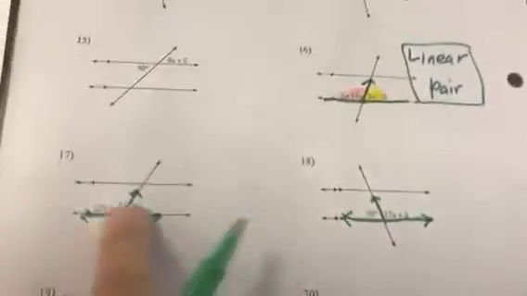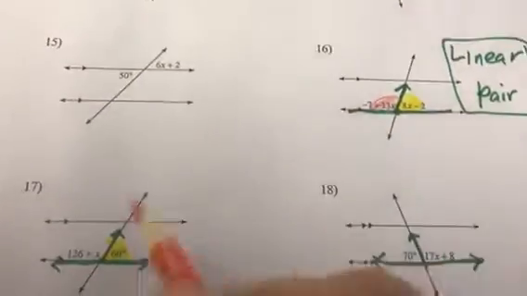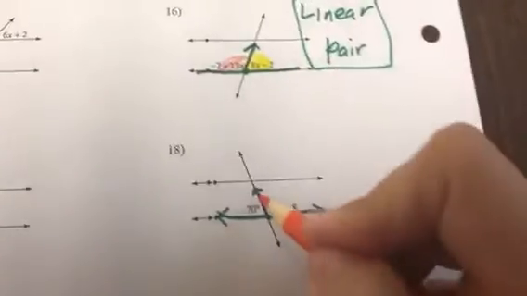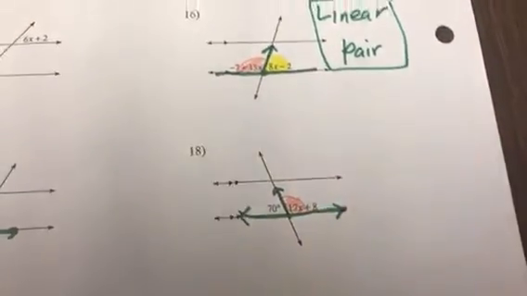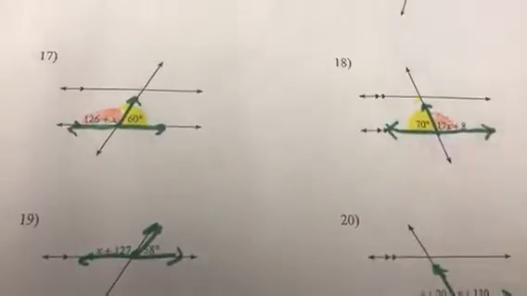So let's go back. It shows an acute angle touching an obtuse angle, and together they form a straight line. An acute angle is touching an obtuse angle, and together they form a straight line.